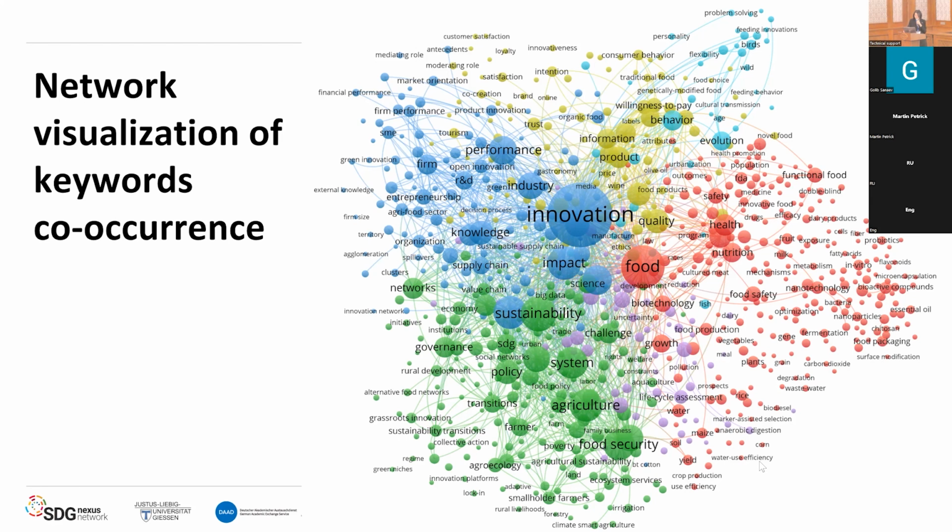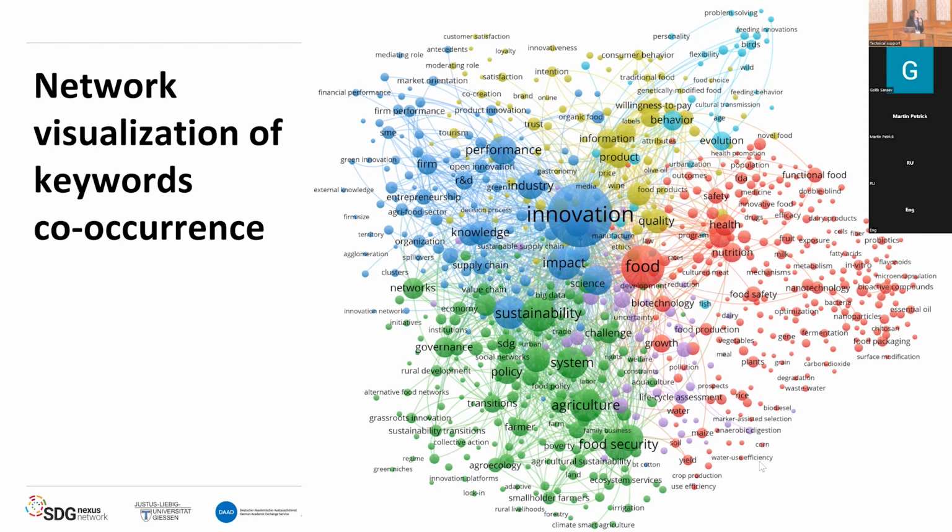The other most visible keywords here are impact, management, technology, performance, knowledge, firm, research and development. The main keyword food belongs to the red cluster, having an occurrence weight of 818.